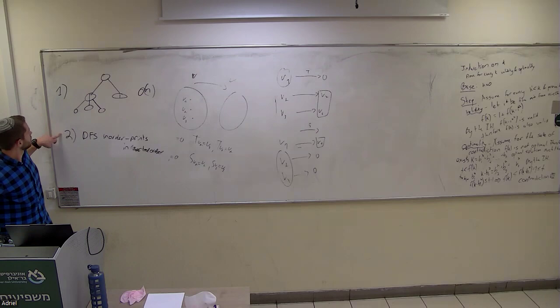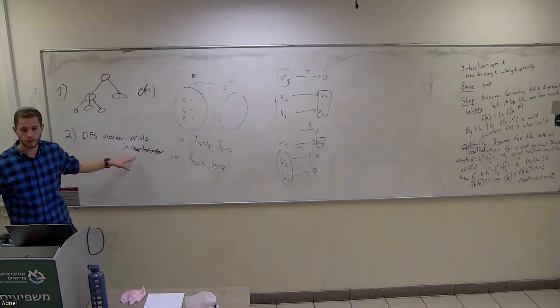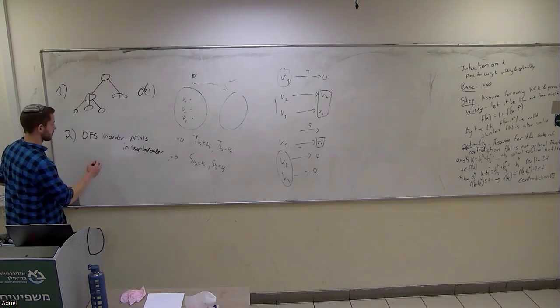So these are our two steps. The first step is just use the algorithm to build the tree in O of n, and then we can use DFS to sort it. And this is a contradiction.